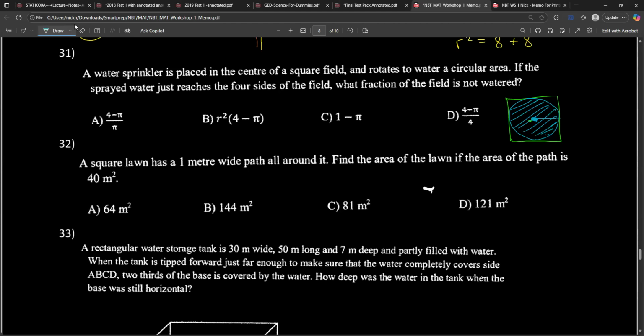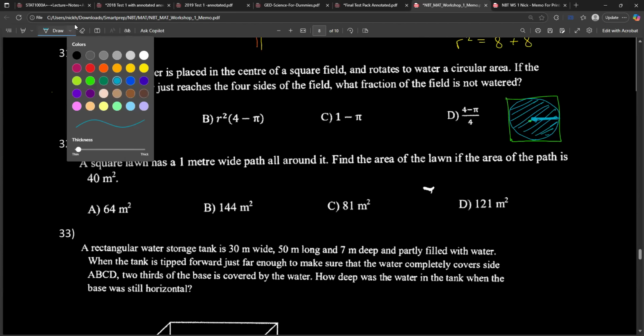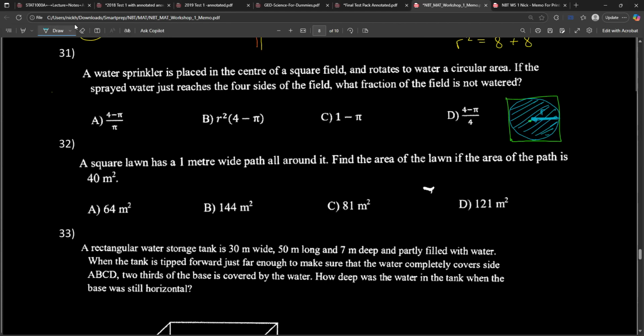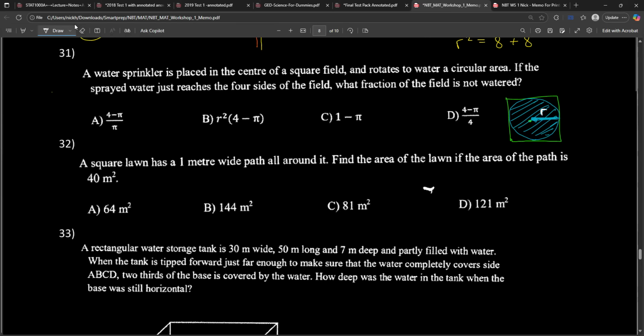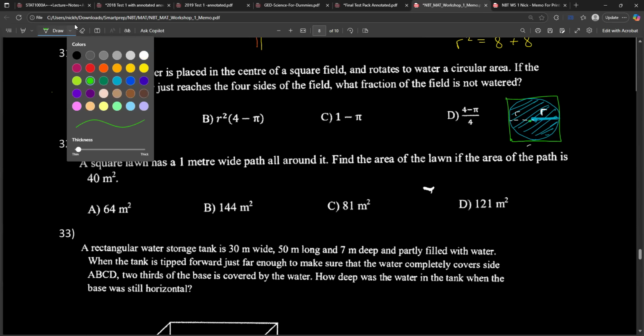Okay, so the watered part is this, and we have the center circle there, and we have the radius of the circle, right? Let's do that in white. Now if that's the radius, then the diameter would be 2r, right? So this length here of the field is then 2r.